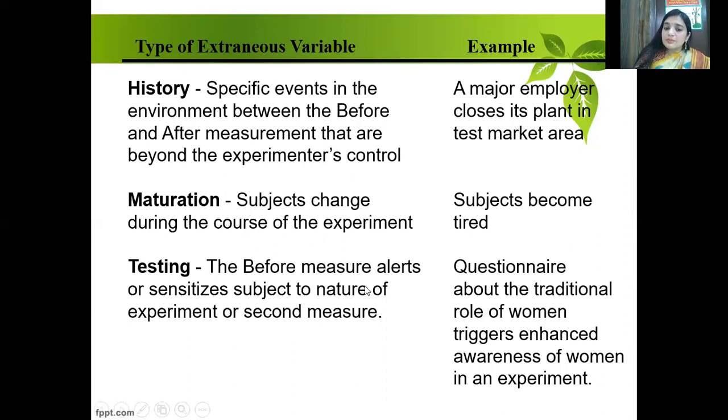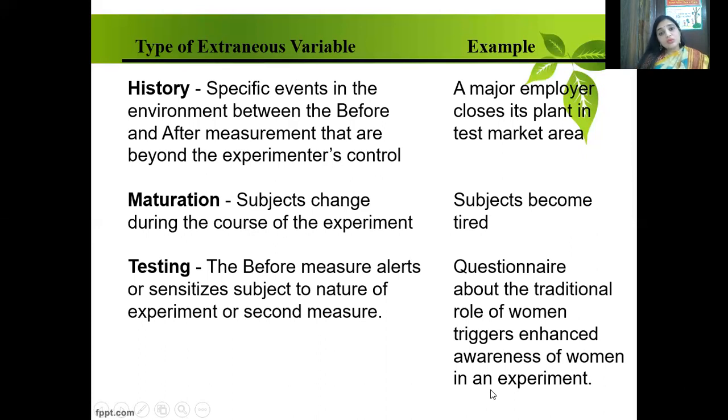Next is testing. The before measure alerts or sensitizes the subject to the nature of the experiment or the second measure. Yes, it happens most of the time in the case when we do pre-test and post-test studies. Basically, a questionnaire about the traditional role of women triggers enhanced awareness of women in an experiment.